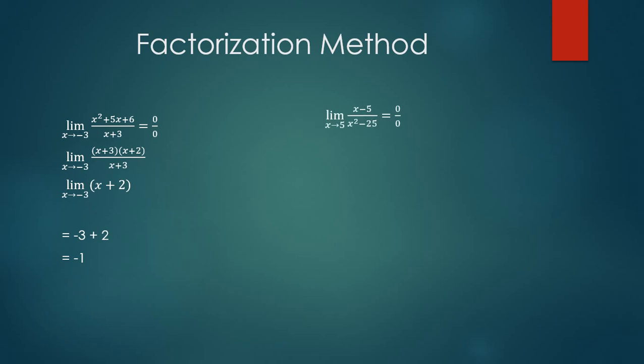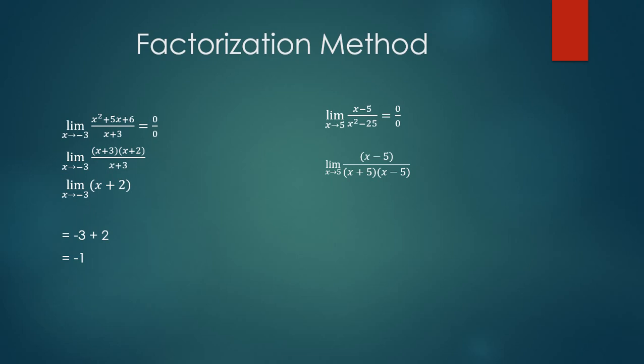Similarly, if we want to find the limit of x minus 5 divided by x squared minus 25 as x tends to 5, if we apply direct substitution, we have 0 divided by 0, which, as I said, is the indeterminate form. So clearly we're able to factorize x squared minus 25. That gives us x plus 5 times x minus 5, and we're going to divide x minus 5 by that.